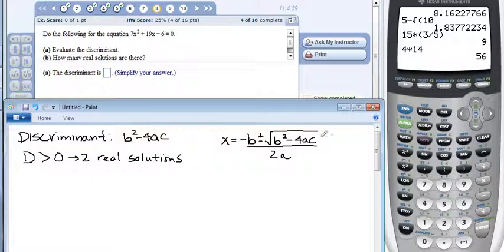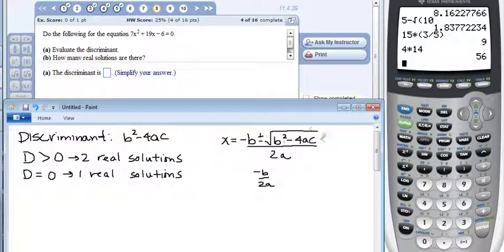What if this was equal to 0? What happens then? The square root of 0 is 0. What happens to this? It goes away, doesn't it? And all I get is the minus b over 2a. I get 1 solution. So if d is equal to 0, I get 1 real solution. We're going to practice this.